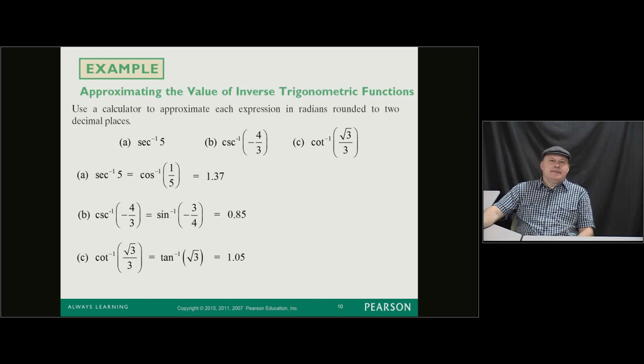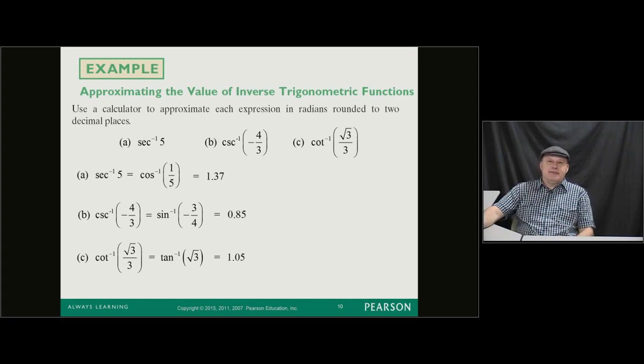So basically, the secant inverse, the cosecant inverse, and the cotangent inverse are equivalent to taking the reciprocal function's inverse of the reciprocal of the input. In other words, cotangent inverse of x is equal to the tangent inverse of 1 over x.